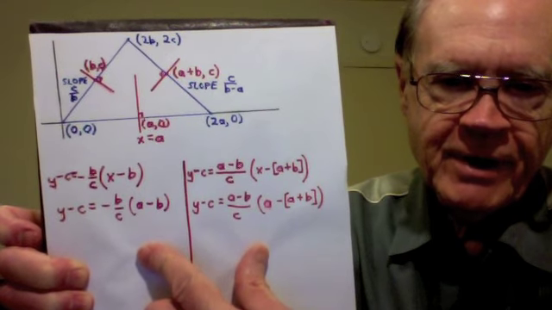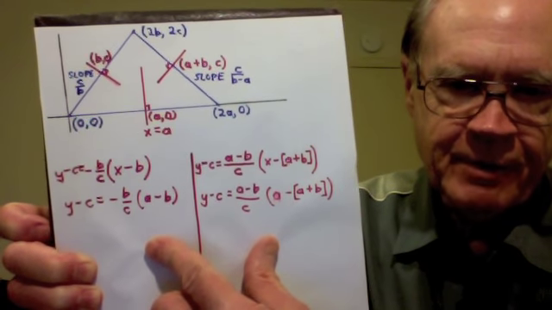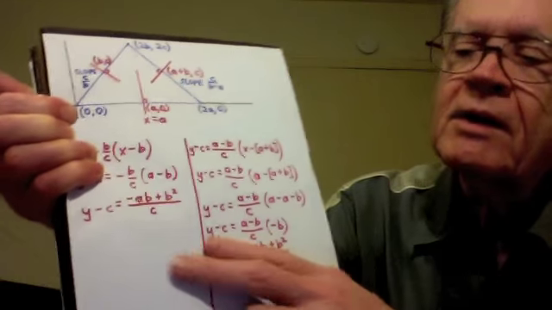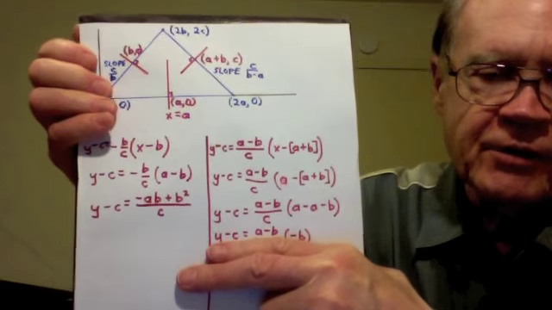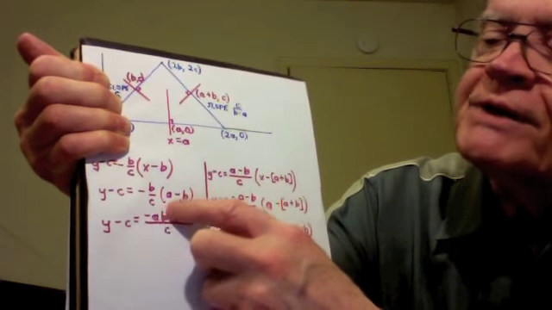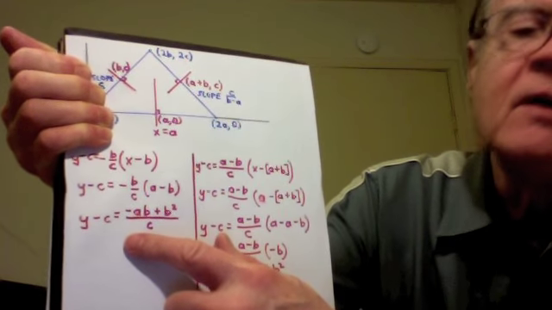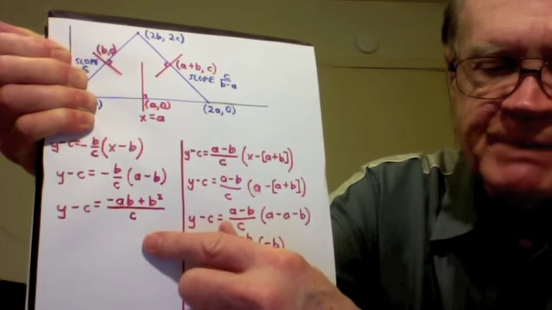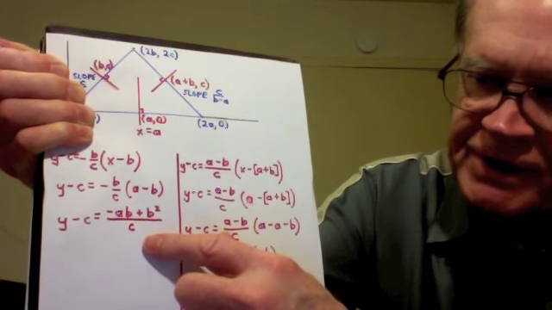So here are the new equations with x having been replaced by a in each of them. Looking at the equation on the left, I distribute the negative b over c to the a minus b, and I get y minus c equals negative ab plus b squared all over c.